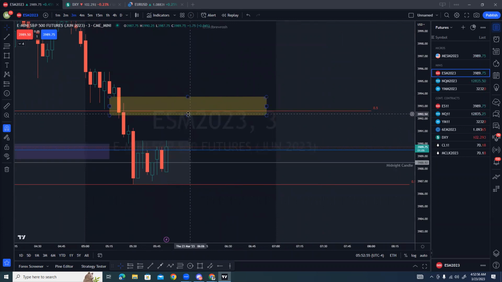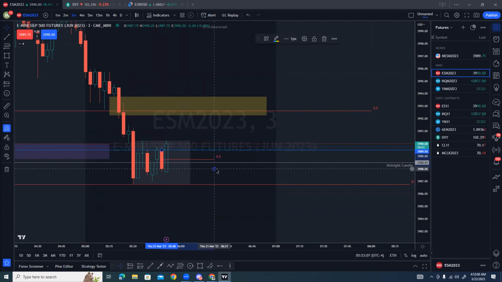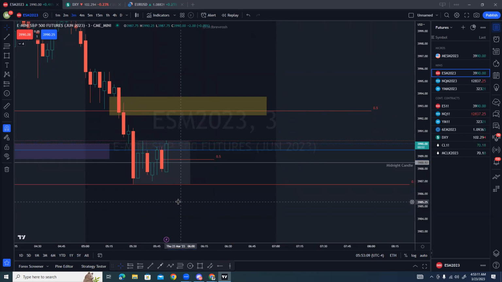which sets up for me to take buys, which was my original plan, right? But even if I don't play this as an order block, if I get displacement higher from a candle, I've got a fair value gap.